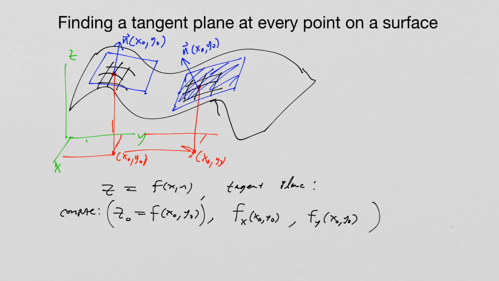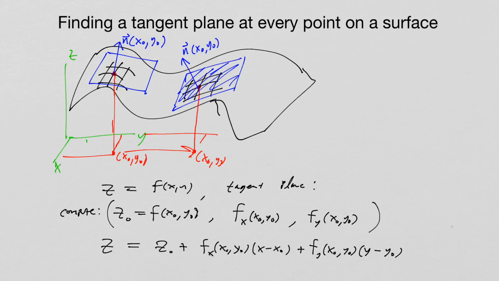Once we have all that, we can now go in and see about this thing. We know that the tangent plane is this: z is equal to z naught plus f_x of x naught, y naught times x minus x naught, plus f_y at x naught, y naught times y minus y naught.